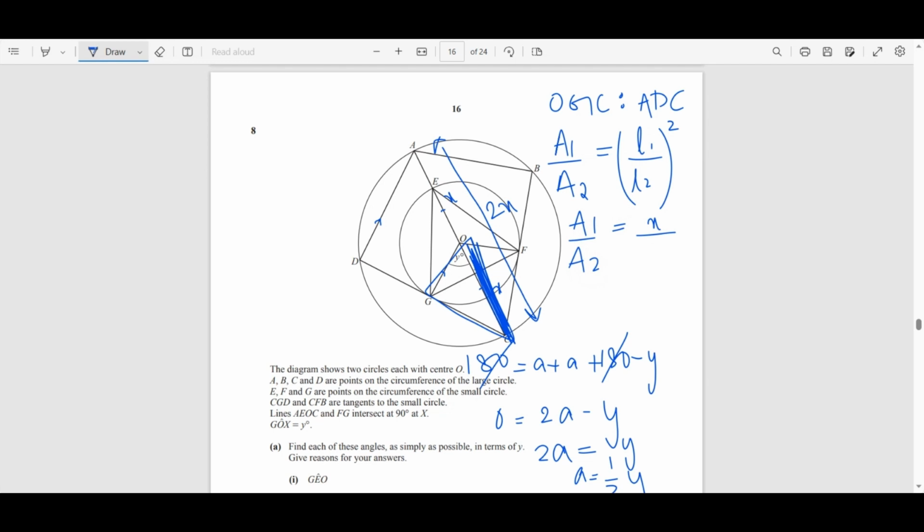L2 should be the corresponding length on the triangle ADC, which turns out to be 2x. Because of the formula, we have to take it whole squared. x and x cancel out. The ratio of A1 to A2 is 1 squared, which is 1, and 2 squared is 4. So 1 ratio 4 should be the answer.